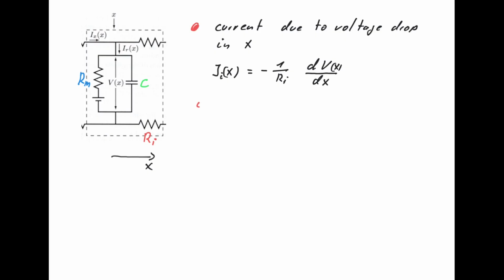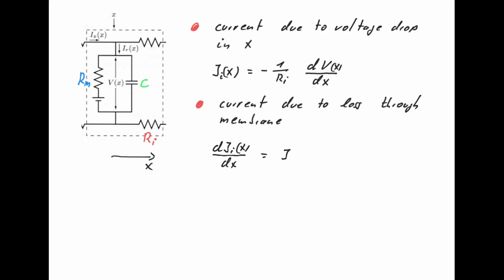On top, there is a current flowing across the membrane. Hence, the membrane current is equal to the loss of current along the axon. dIi dx is equal to I membrane is equal to the voltage divided by the membrane resistance Rm.